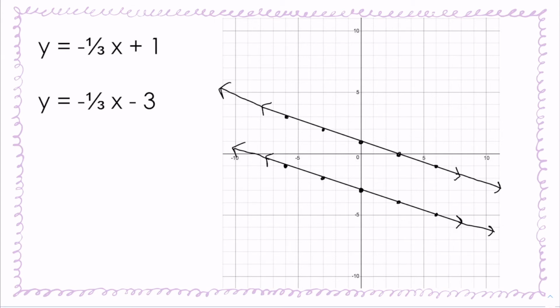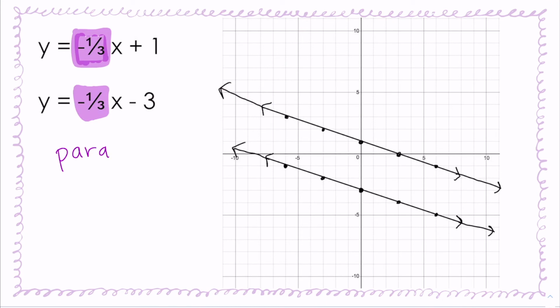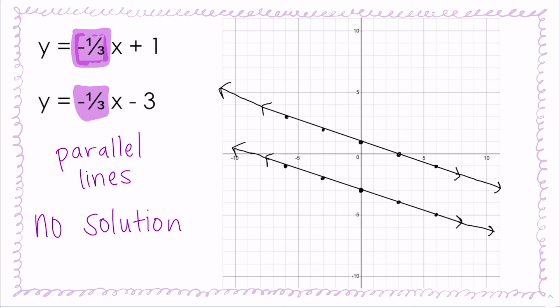Well, these lines have the same slope and different y-intercepts. These are parallel lines, meaning they have no intersection point. They never touch. They never intersect. So we actually don't have a solution. We have no solution. Parallel lines result in no solution.